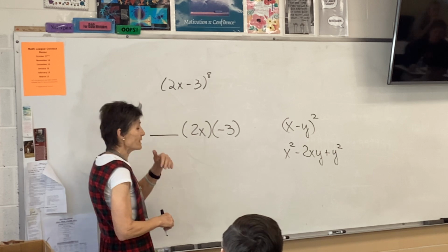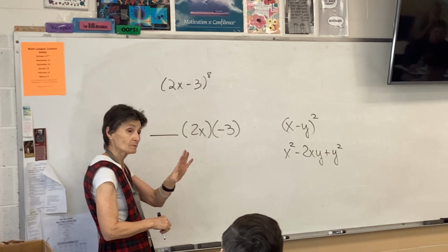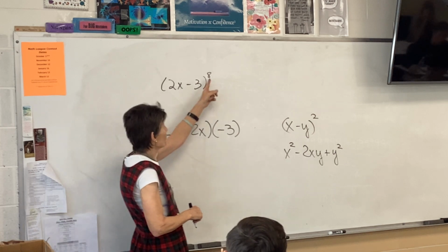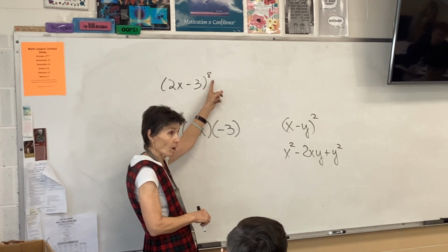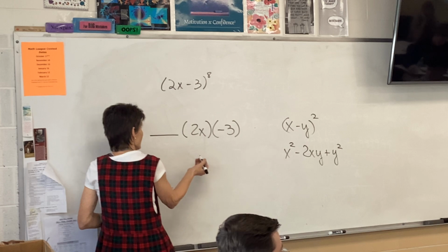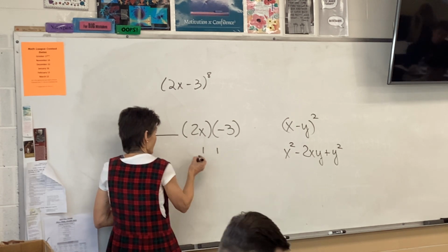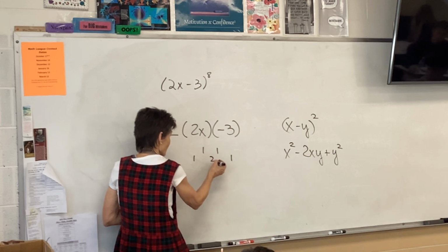Now, we can use Pascal's triangle to help us find the coefficient. We would need to go to the 8th row of the triangle. So remember, the triangle is built: there's a 1 and a 1, and then we add these together.